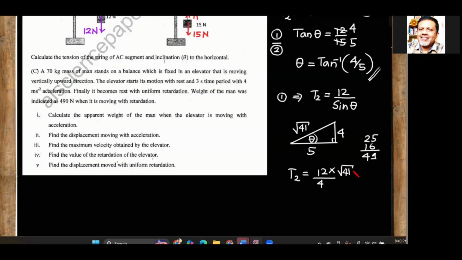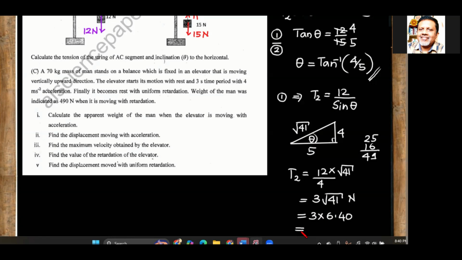That means actually 3 times square root 41, right? We cannot keep this value like this. We have to find the square root of 41. So if you try to find square root of 41, 3 into 6.40.